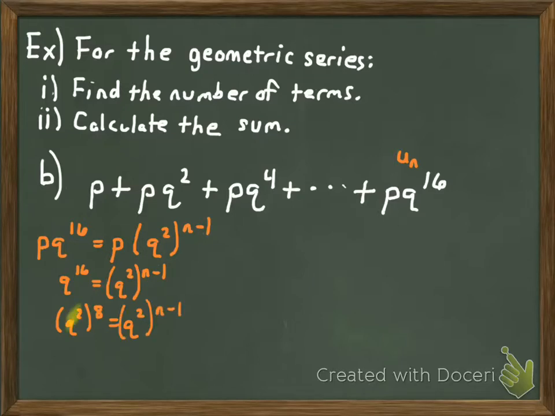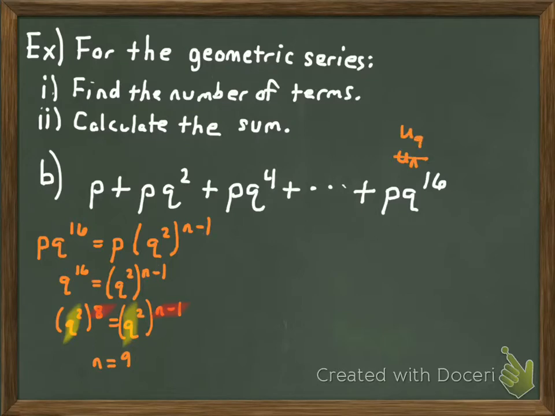And then since the q squared parts are the same, that means that n minus 1 right there has to be equal to 8. And if n minus 1 is equal to 8, then you know that n is equal to 9. So that's the 9th term.